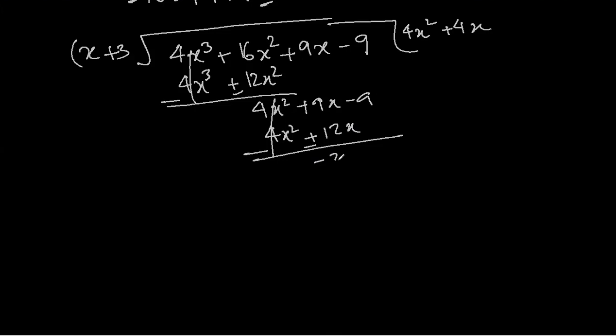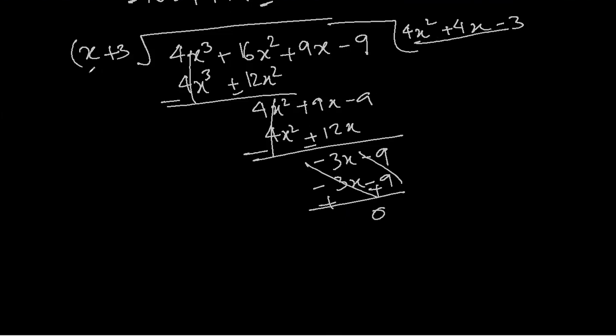So this becomes a minus 3x minus 9 minus 3. See, we got a remainder of 0 because they are exactly same, they cancel out. So this is the second factor. One factor was x plus 3, second is this one. So we are left with x plus 3 first factor, 4x square plus 4x minus 3 second factor.